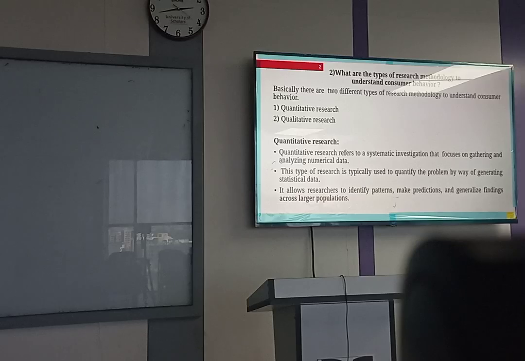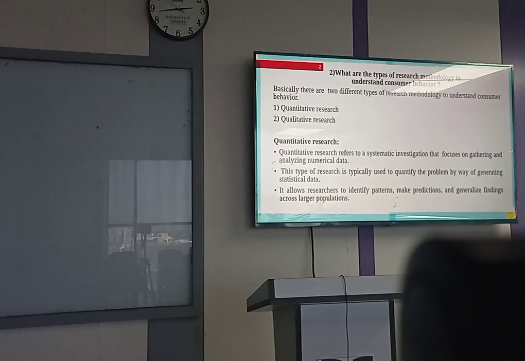Basically, there are two types of research methodology to understand consumer behavior. One is quantitative research, another one is qualitative research. So, quantitative research refers to a systematic investigation that focuses on gathering and analyzing numerical data. This type of research is typically used to quantify the problem by way of generating statistical data.